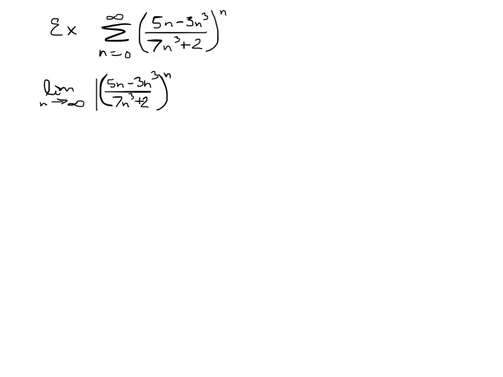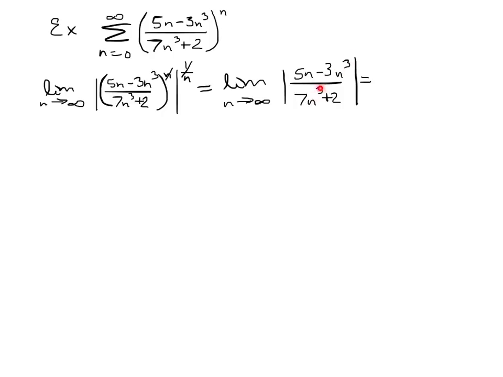And we're taking the nth root after that absolute value. So the n and the 1 over n, when you multiply them, give you 1. So we're taking a limit now as n approaches infinity of the absolute value of (5n minus 3n cubed) all over (7n cubed plus 2).